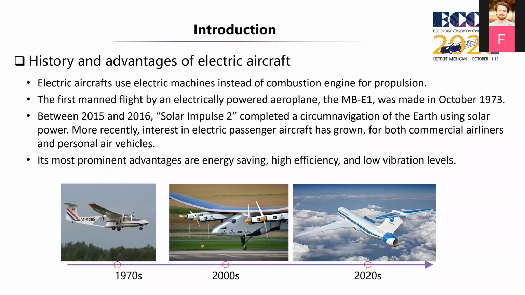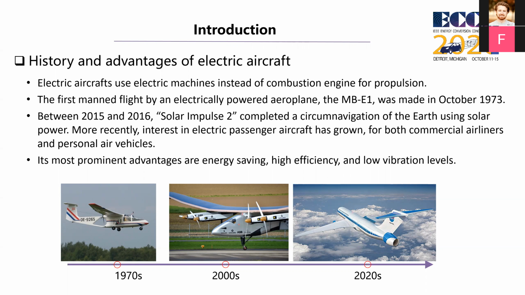So I know some of you are very familiar with the more electric aircraft, some may not, so let me briefly review the history and the advantages of electric aircraft. Electric aircrafts have a long history. The first manned flight of electrical planes was realized in the 1970s. In the past 5 years, electrical planes have developed rapidly.